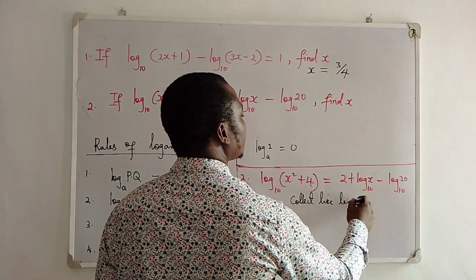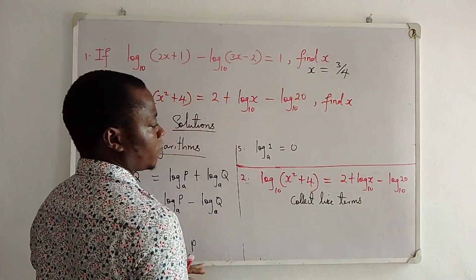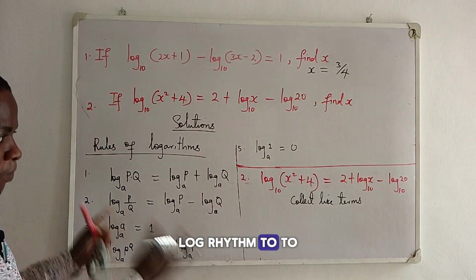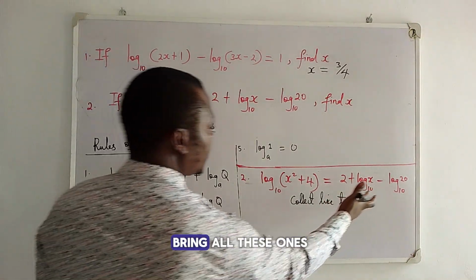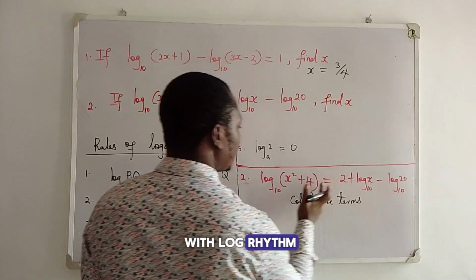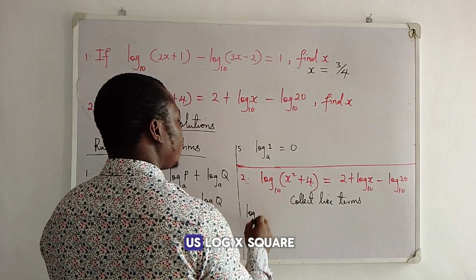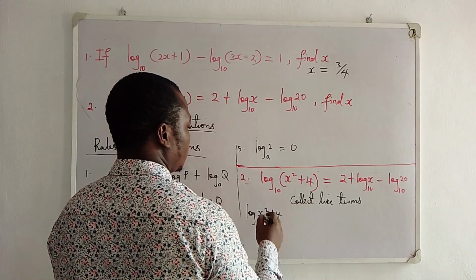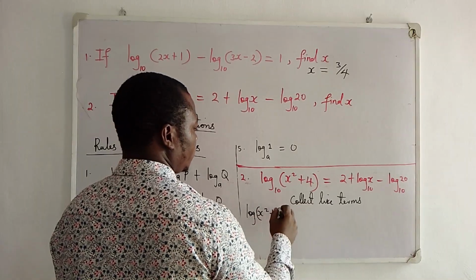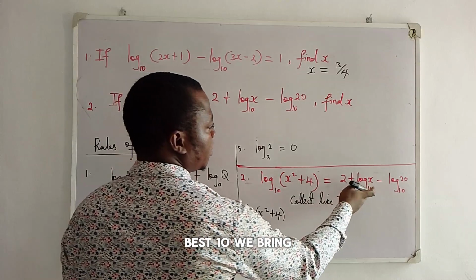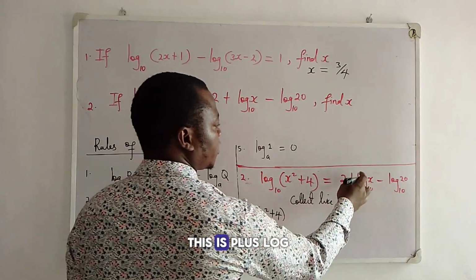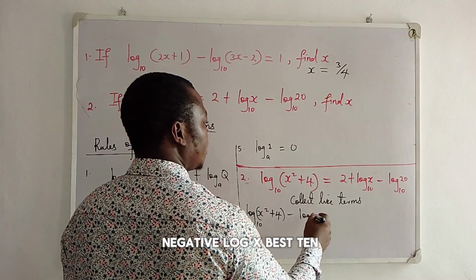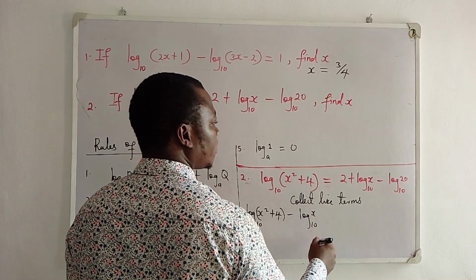You bring all the terms that have logarithm to one side. So that will give us log of x squared plus 4 base 10. We bring this one, this is plus log x base 10, so that will be negative log x base 10.